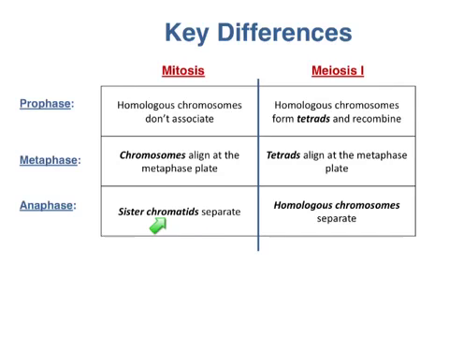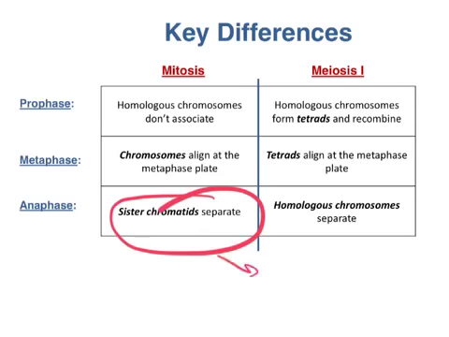In meiosis, this does not happen until you get to Anaphase 2, that second round of cell division that's part of meiosis. And that's how you go from the diploid number, 46 chromosomes, to the haploid number, 23 chromosomes, that make a functional gamete.